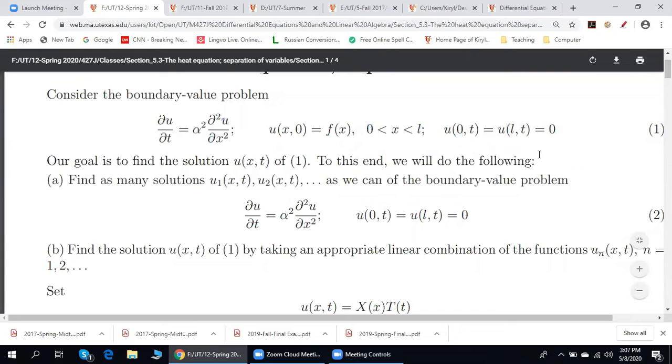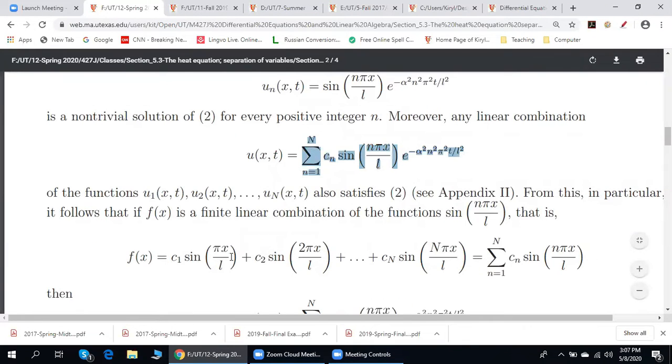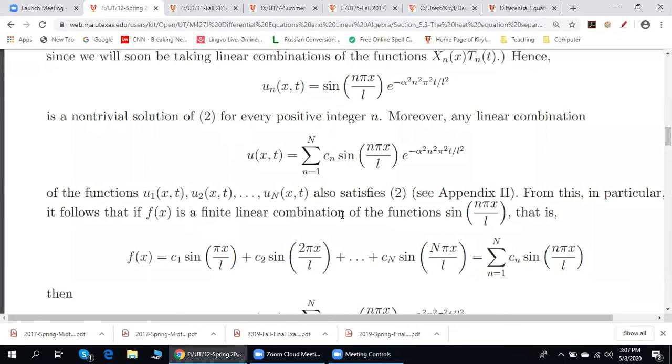By the way, observe that in the middle condition, t is equal to 0. And if t is equal to 0, then what is written here becomes this. So once again, the question is: is it possible to find C1, C2, and so on, Cn, such that f of x is identically equal to this?